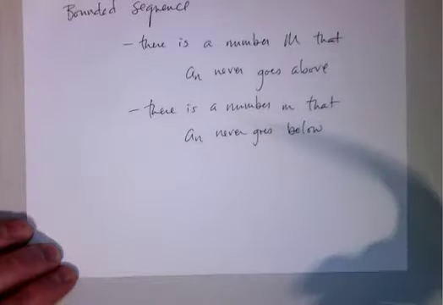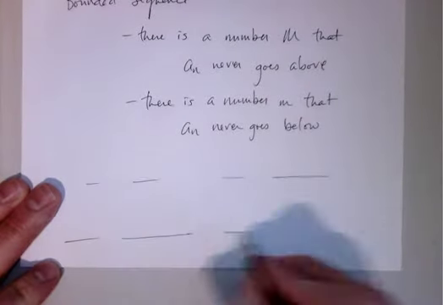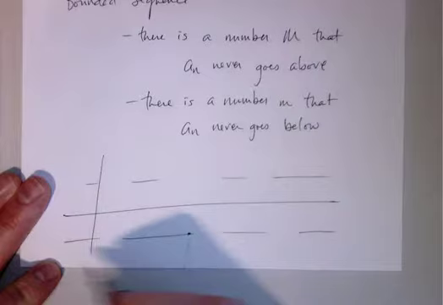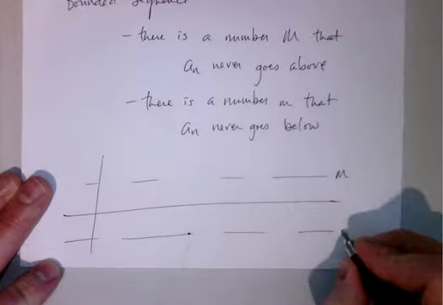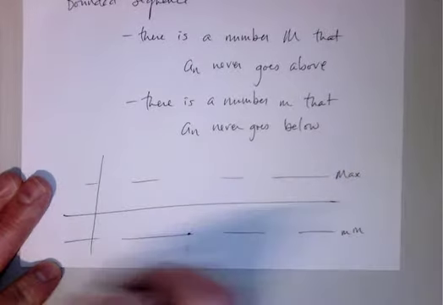Okay, so graphically speaking, a bounded function would be one that basically exists within a range like this between big M, which is your max, and your min. Basically, it happens in here.